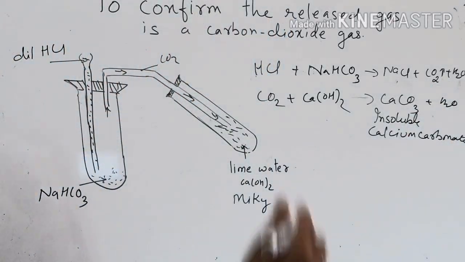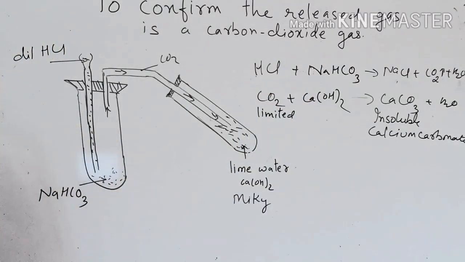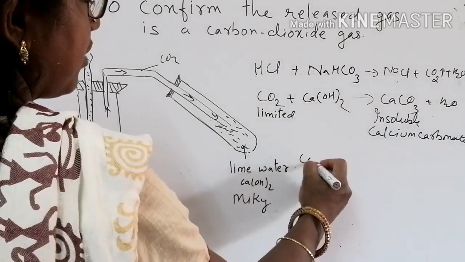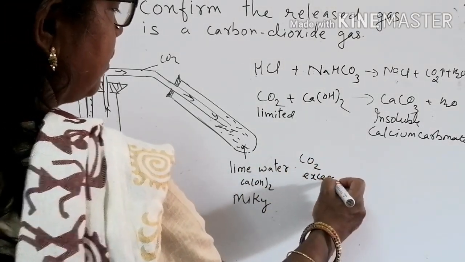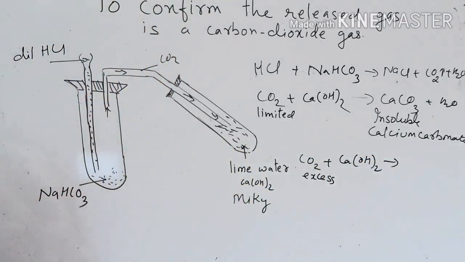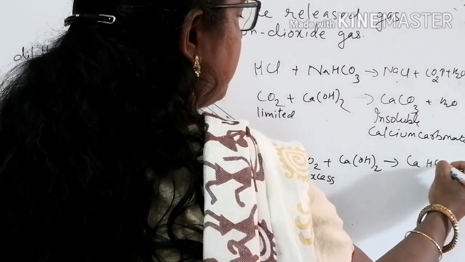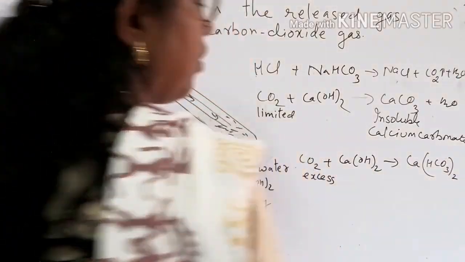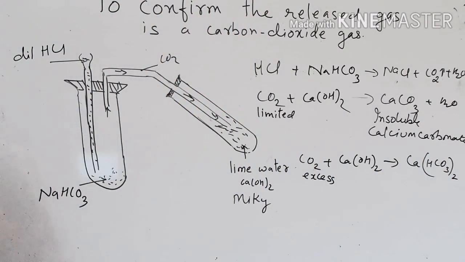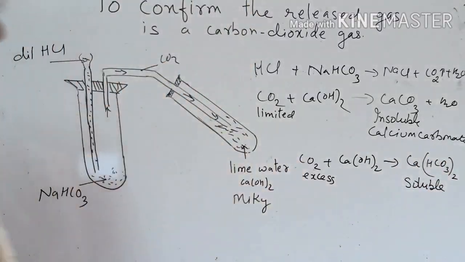If you pass excess carbon dioxide through lime water, the milkiness disappears because of the formation of calcium hydrogen carbonate or calcium bicarbonate. Because calcium bicarbonate is soluble in water, the milkiness disappears.